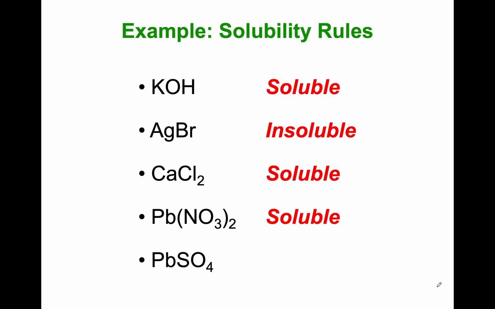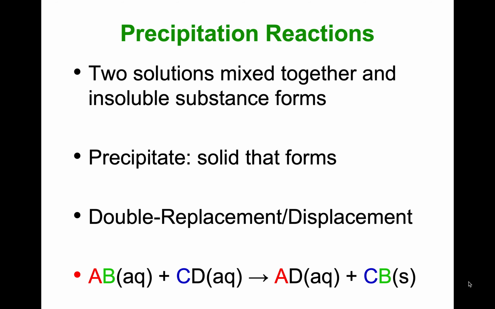Our nitrate rule says it's soluble, even though later lead says it's insoluble. And then lead sulfate: sulfates are typically soluble. Wait a minute, that's a soluble rule. If it's an exception to a soluble rule, it is insoluble. So this is the starting point, knowing the rules, and then you can predict products. And that's where we're going with this: predicting products.